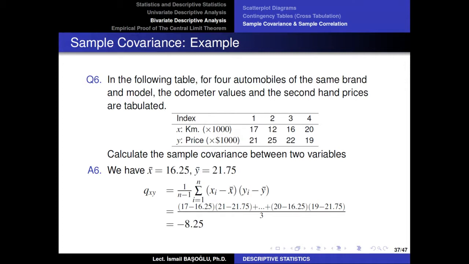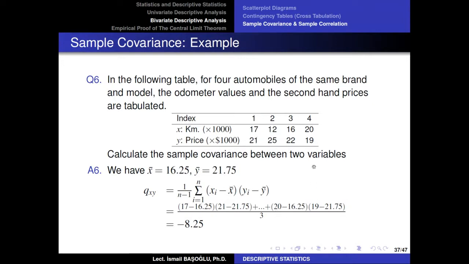Now, how do we calculate the sample covariance? The first thing that we need to do is to calculate the respective sample means for x values and y values, which are respectively 16.25 and 21.75. Then we apply the sample covariance formula, which means for each member of the sample, we subtract the mean of x values from the x value and the mean of y values from the y value and multiply these two deviations. So this is just for the first member.